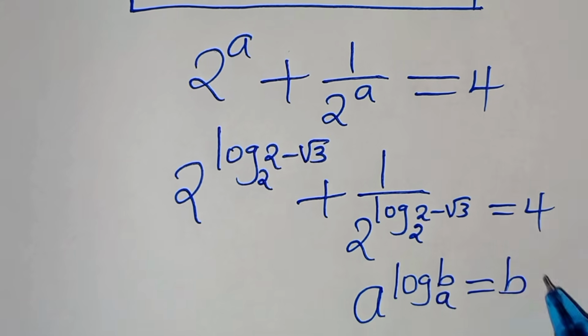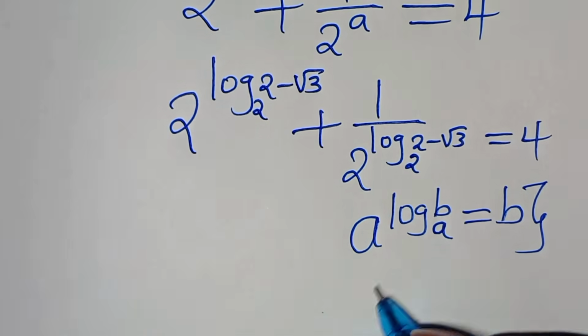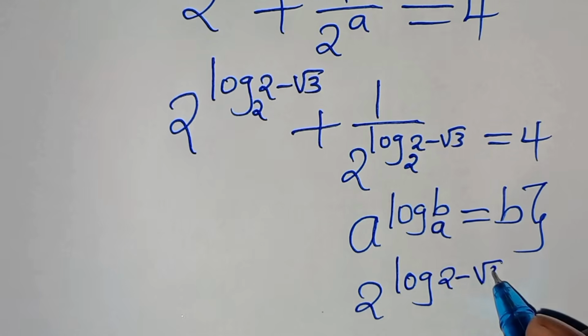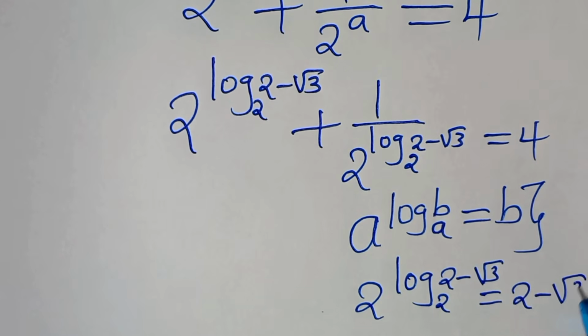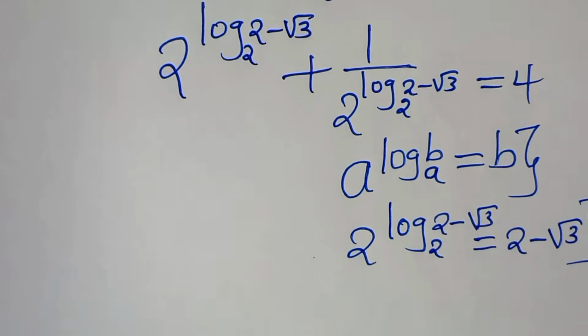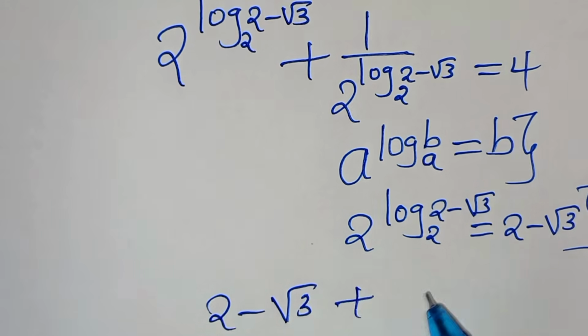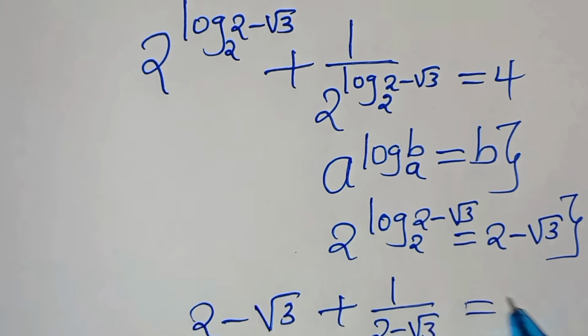This should give us a value of b. So applying this property, 2 to the power of log base 2 of (2 minus square root of 3) should give us a value of 2 minus square root of 3. Now, here we have 2 minus square root of 3 plus 1 over 2 minus square root of 3. This is equal to 4.